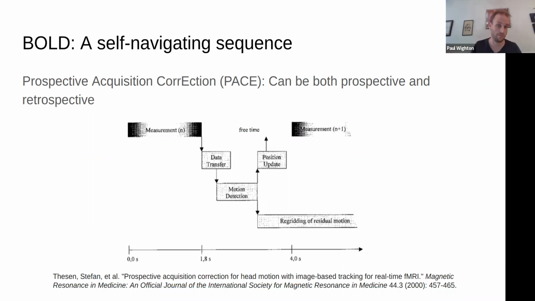Or you could do both, right? You could update your position, and then when you're done with the scan, you do an additional registration of all the volumes to account for any residual motion that might have been there. So that's the very basics. Every other technique I talk about builds off that fundamental concept that you're estimating 6 degrees of freedom.